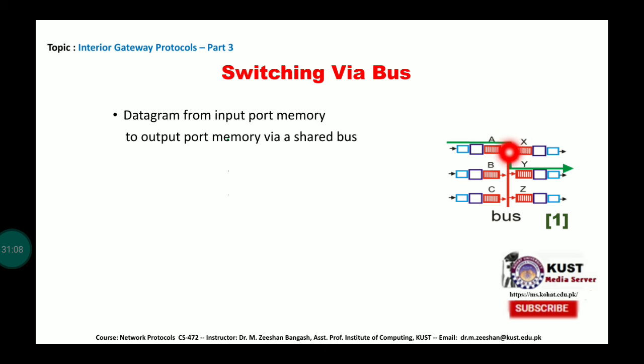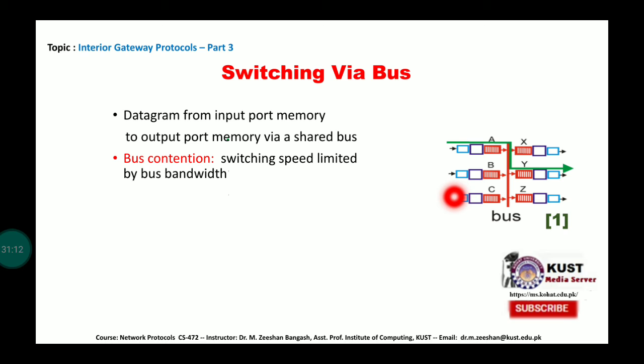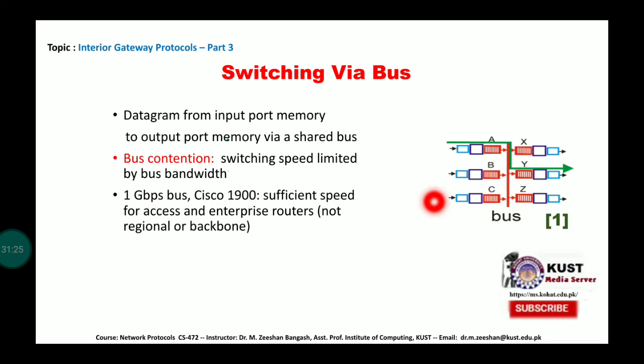And normally the switching speed again has a limitation related to the bandwidth, so it has a bus contention mechanism because of the bandwidth constraint of the bus. There is a 1 Gbps bus in the Cisco 1900 switches, and the speed is sufficient for the access of an enterprise router, and it's not used for a regional or backbone router.